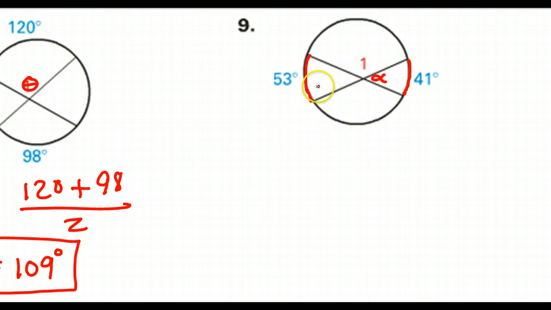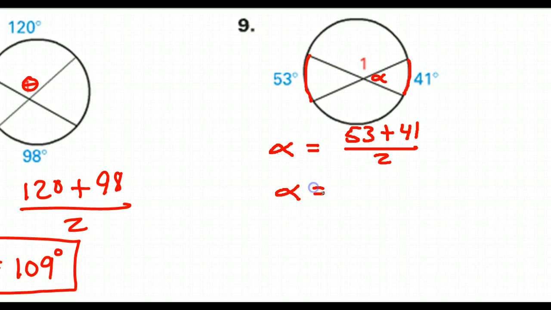The angle should equal the arc plus the other arc divided by 2. But notice, to get my other angle, I'm going to have to subtract from 180 because it makes a straight line right here. We'll deal with that in a second. So anyway, this angle is going to equal 53 plus 41 divided by 2. Okay? So alpha equals 47 degrees. But that is not the final answer to the question.